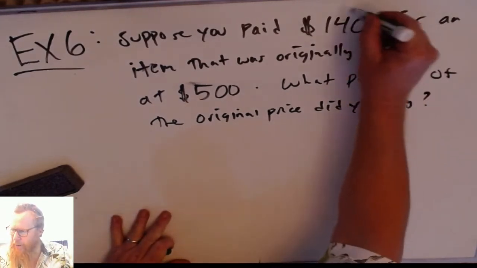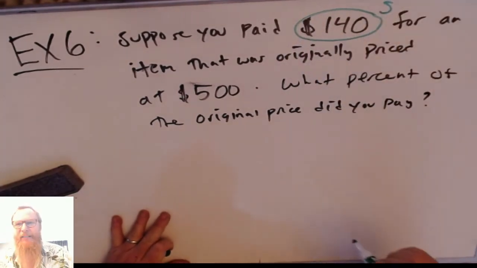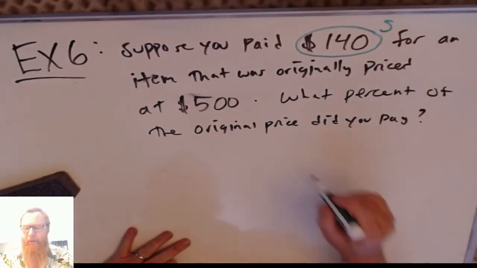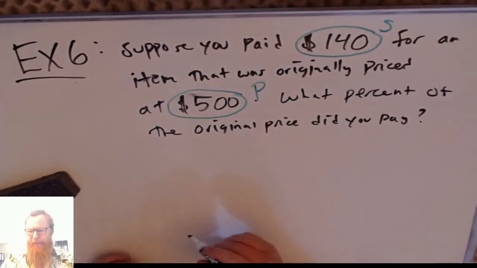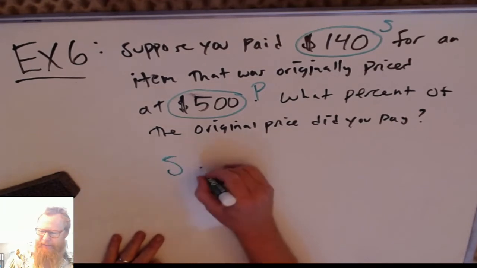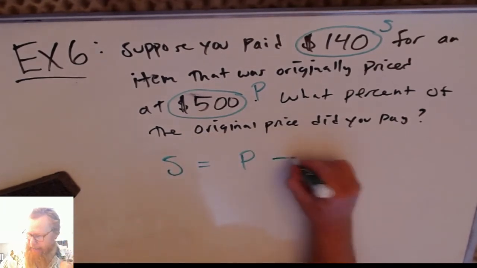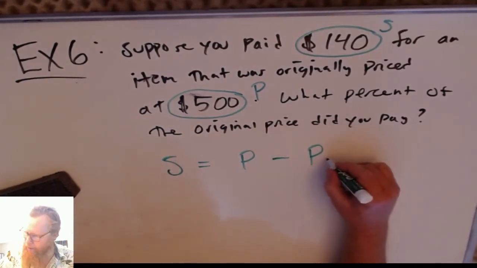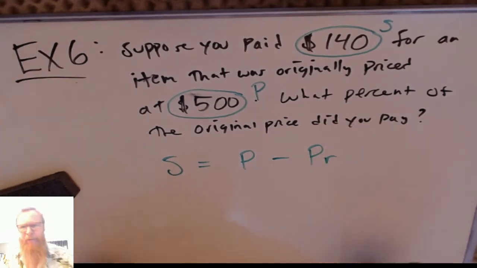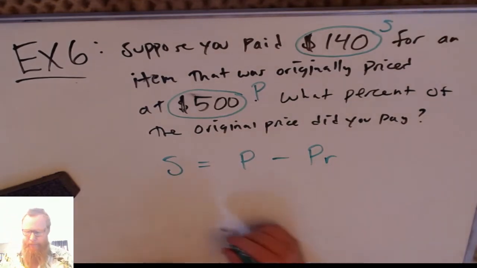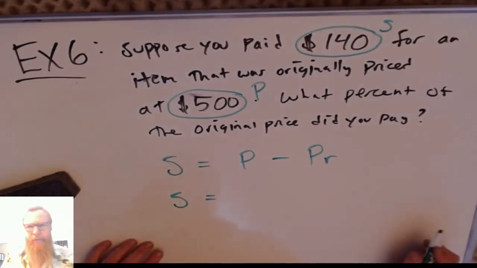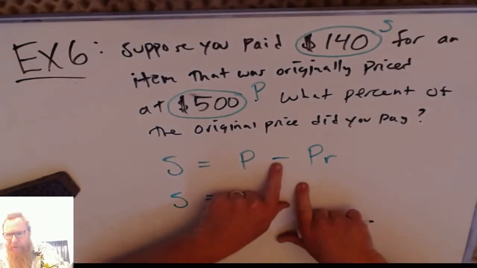All right, so you paid $140. That's your S, your selling price or your sale price. The original price was P. So your formula is the sale price is S = P minus PR. Okay, and so this would be off, not of, but off.